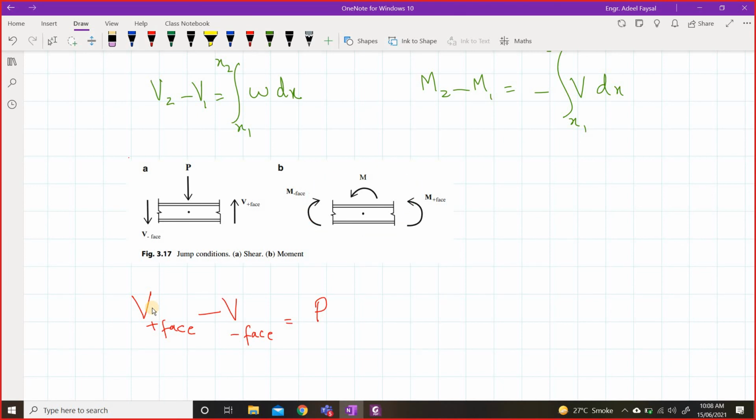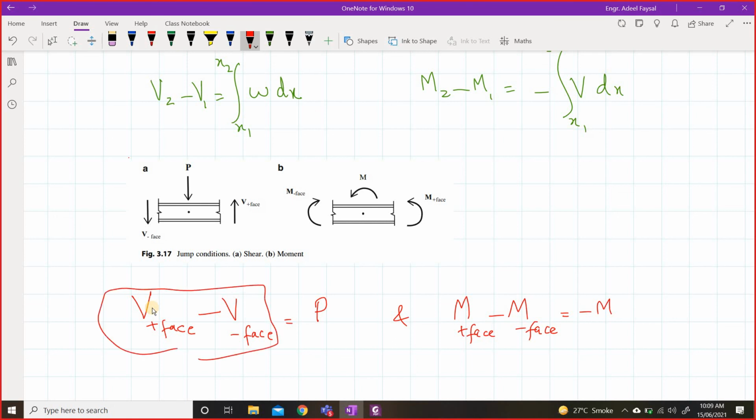Similarly, if you look at these equations, you can again say that M positive face minus M negative face is equal to minus M. Okay, so these are not just random differences. You must write this in the same format as you can see.